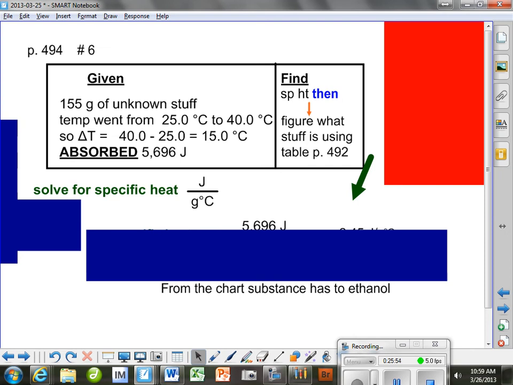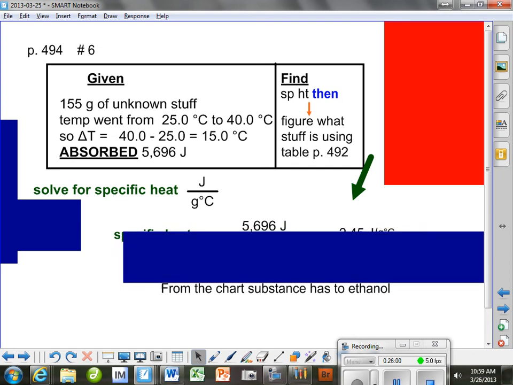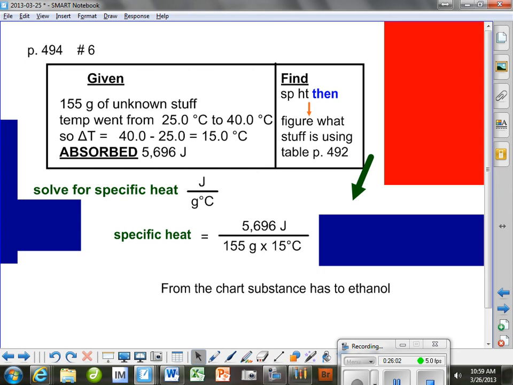155 grams times, yes, times 15 degrees Celsius. There it is. See, this is the easiest time. And this is where specific heat actually came from. Somebody did the experiment. They found out that temperature went up a certain amount when we added a certain number of joules of heat, which we don't have the equipment to do here, but there's a way to do that.